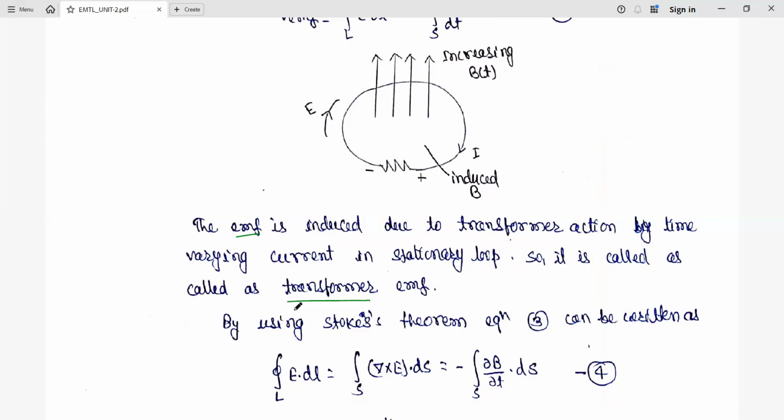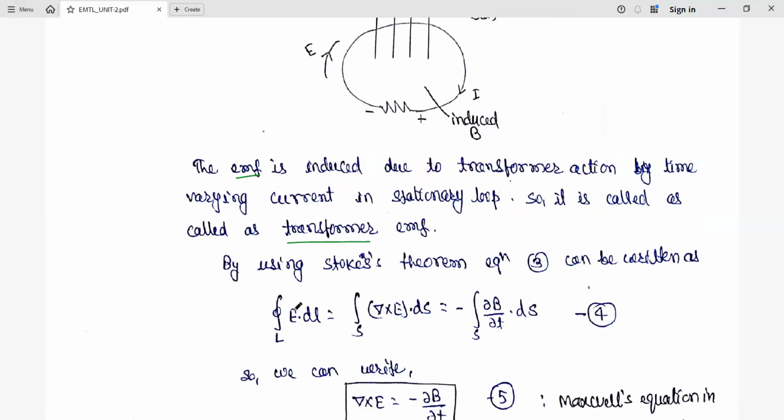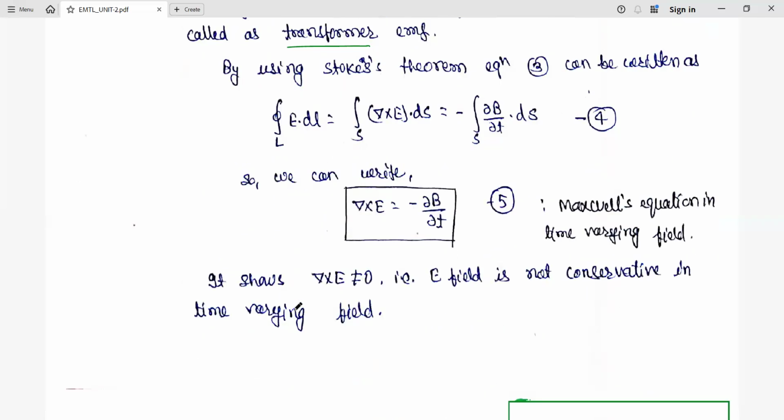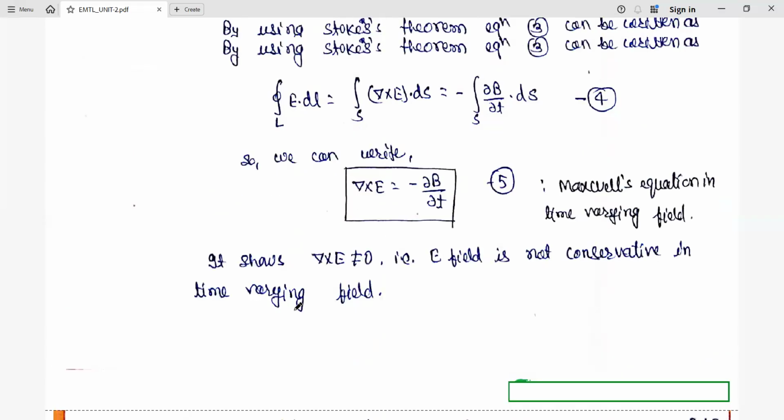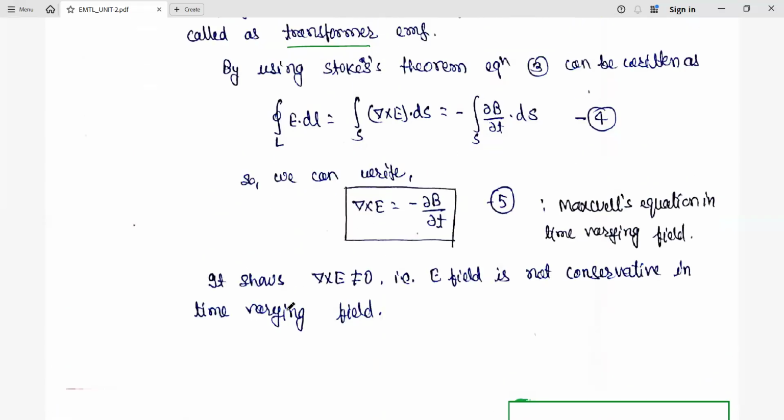So finally, we have by using Stokes theorem. What is the statement of the Stokes theorem? It is a relation that the line integral of a vector is equal to the surface integral of the curl of that vector.